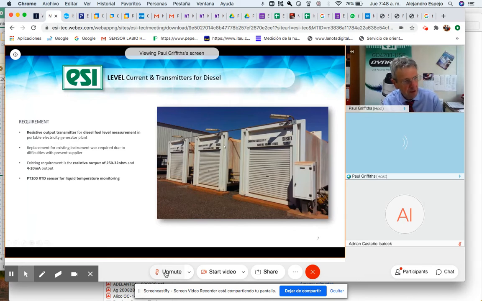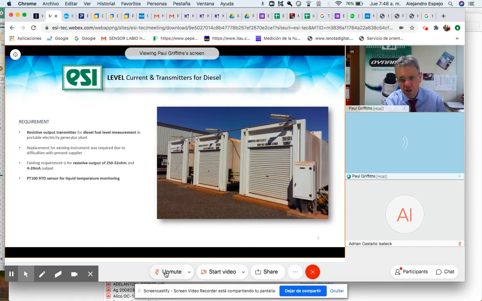The problem is that the generators are housed into these containers, and once they're inside the containers, it's very difficult to change the sensor if it fails or if it needs calibration or maintenance, because there is no height. There's only a very limited space above the tank.